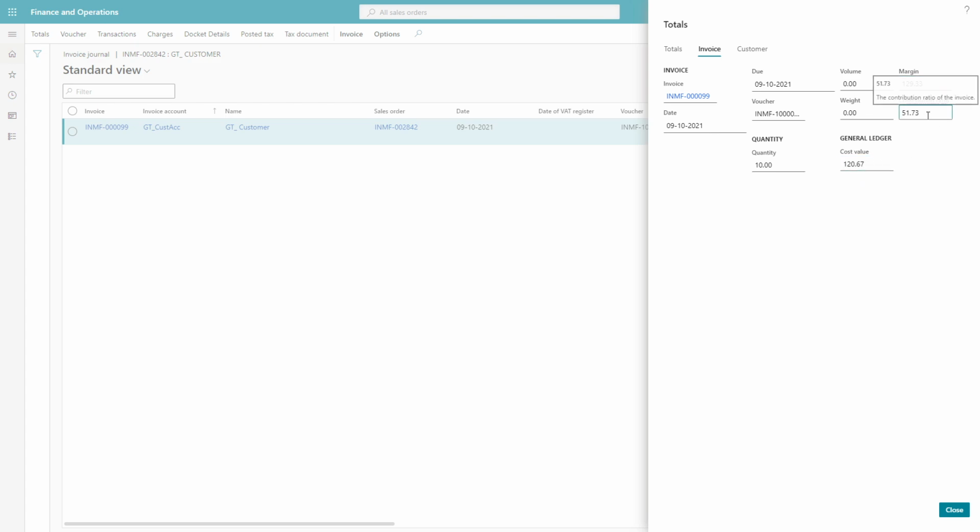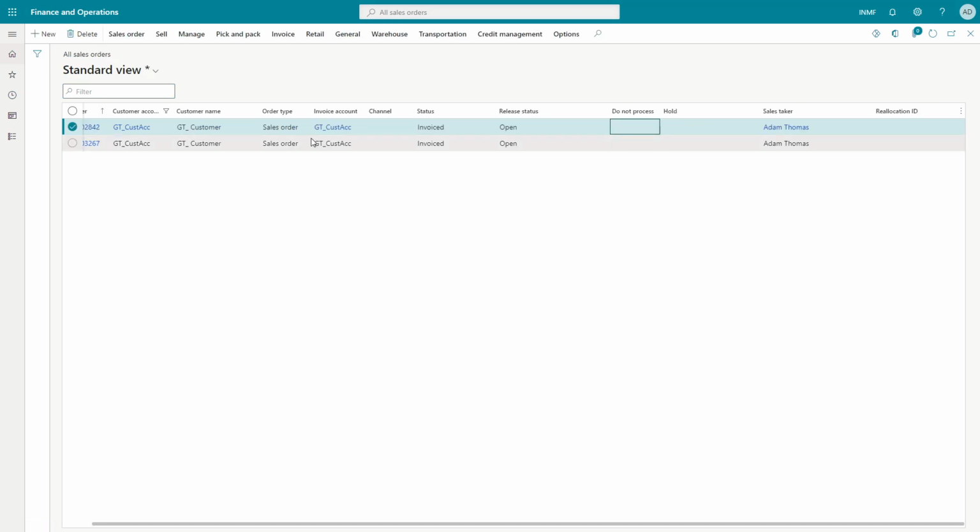Now this contribution ratio is calculated like my total sales revenue minus my cost value divided by total sales revenue, and that will come up to 51.73.